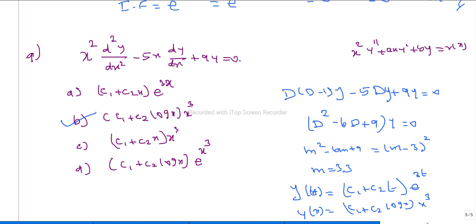Okay, so next problem. I think almost we solved these problems. Other some test questions.